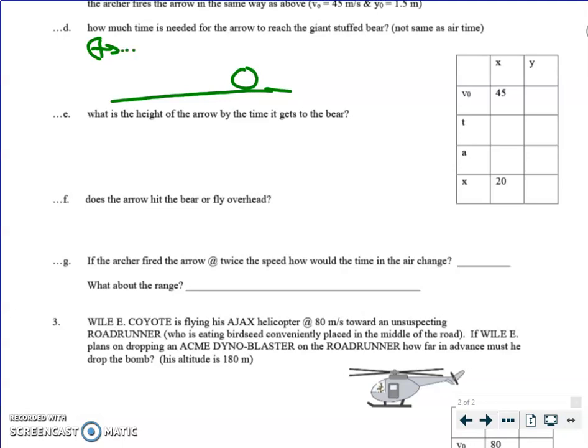So the question is, will the arrow make it to the target? And if it does, will it go over the target, or will it fall in just enough time to hit the target? So it's a combination of where are we horizontally versus where are we vertically, and it's a little bit more involved, but it's still the same kinematics.